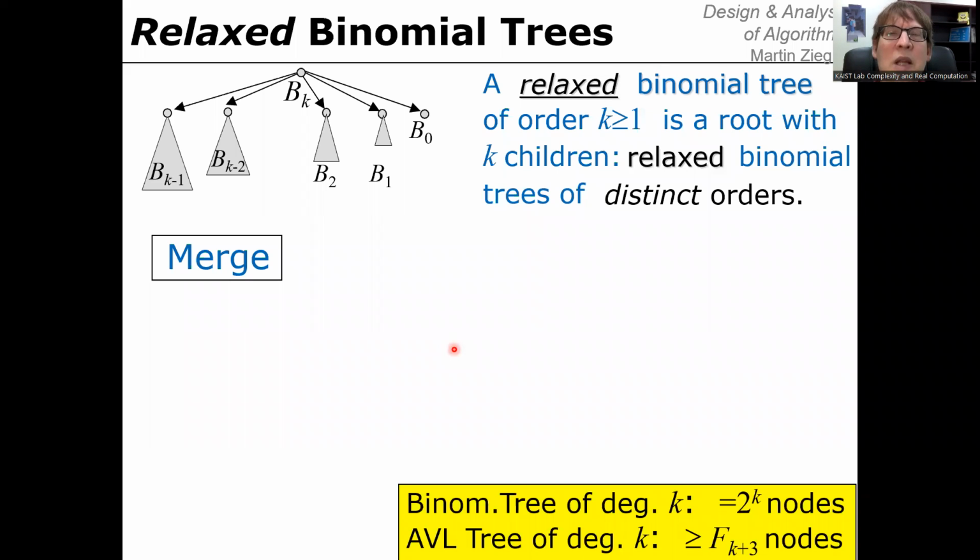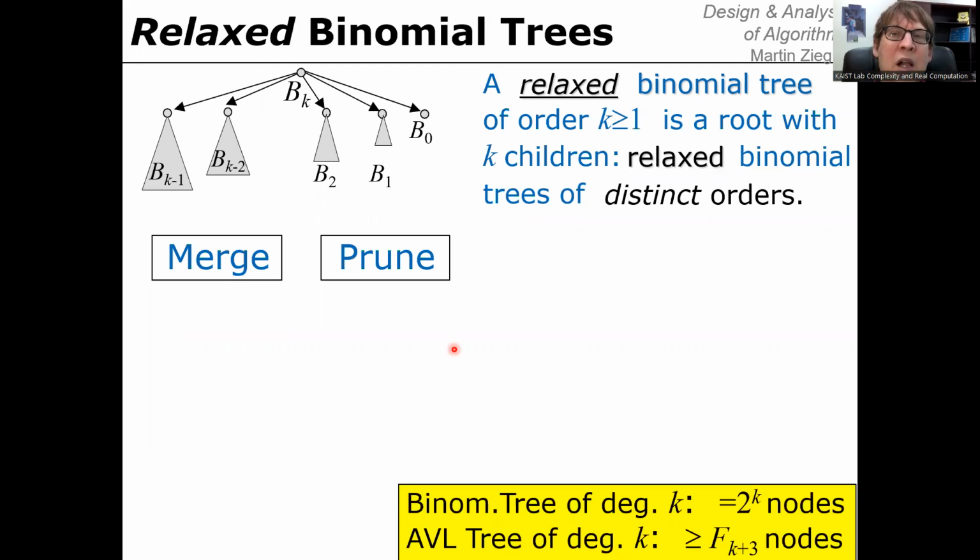That's a subtle but important point. So whenever we prune some subtree from a binomial tree, it becomes a relaxed binomial tree, and pruning a second time from a relaxed binomial tree is prohibited. So that's important to keep in mind.